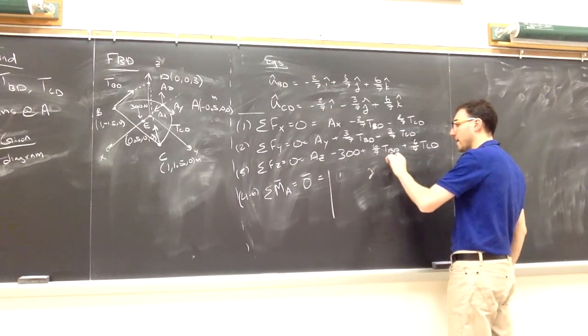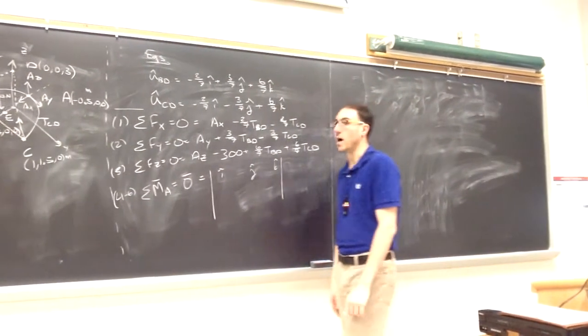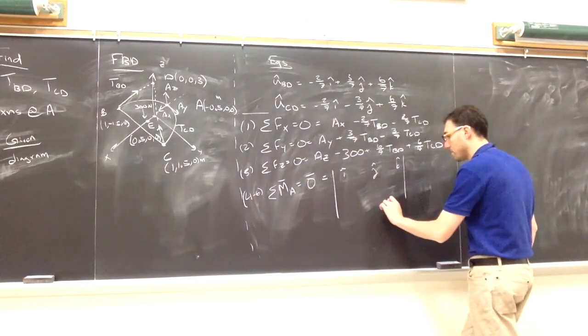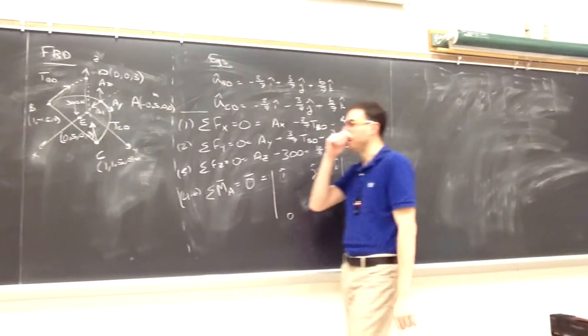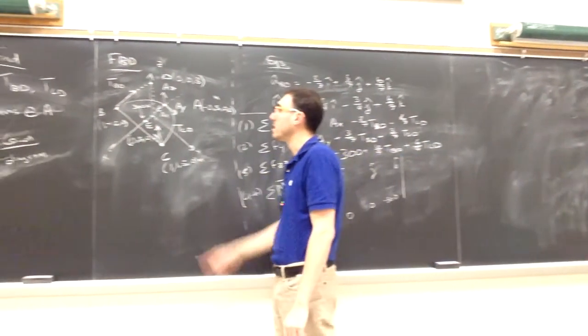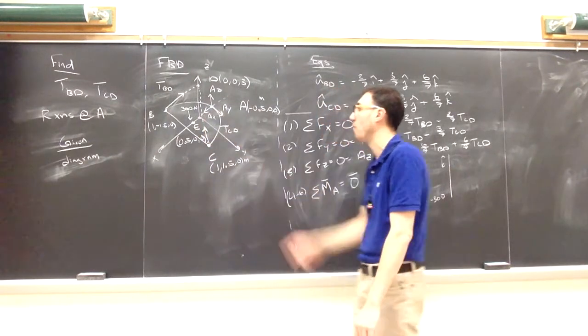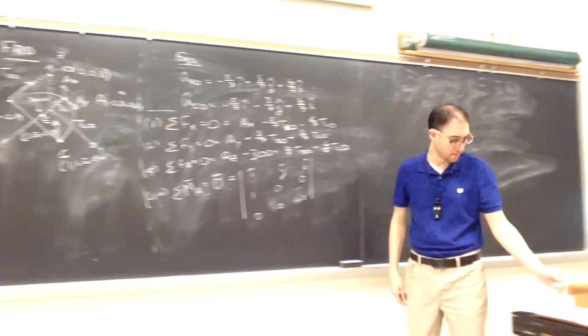I'll go right to making their determinants here. I'll have a moment caused by the 300 Newton force in the negative Z direction. And I have to use RAE, that's the proper position vector to use. So point E minus point A will give me 1 in the I, 0J, 0K.